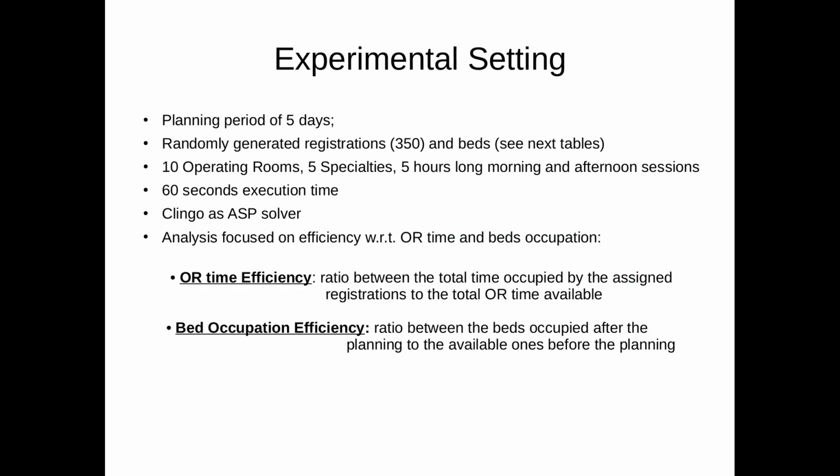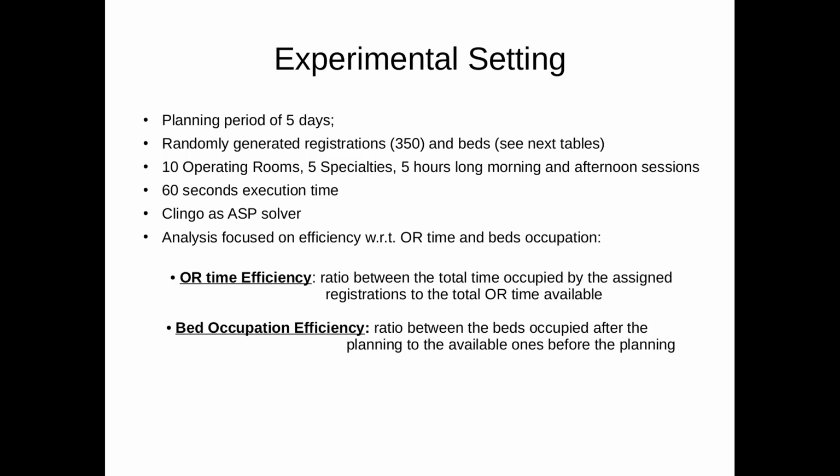The experimental setting of our ORS problem is a planning period of 5 days, with randomly generated 350 registrations with available beds, 10 ORs, 5 specialties, 5-hour-long morning and afternoon sessions, 2 shifts of 5 hours, and a 60-second execution time is given for this particular problem.